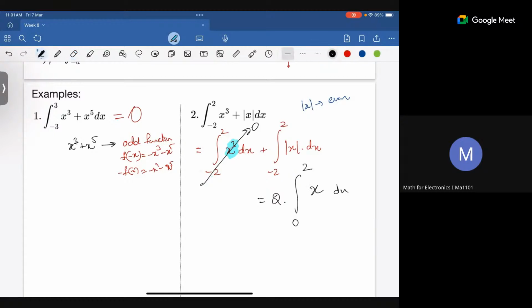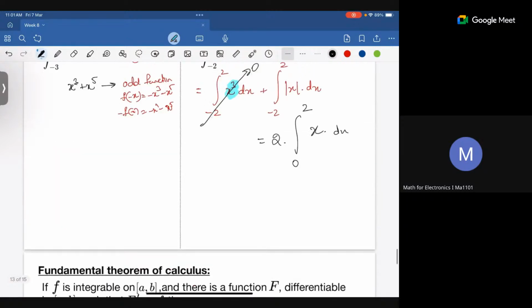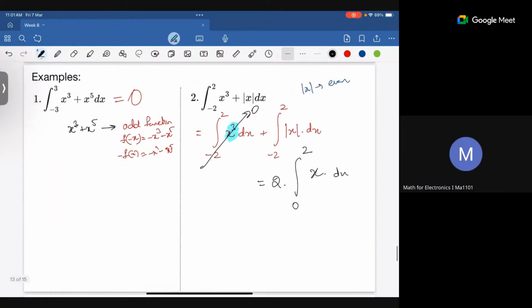The integral from 0 to 2 of x dx, I know how to do it, right? With the fundamental theorem of calculus, which we will do in the next session. But this whole expression is now down to 2 times the integral from 0 to 2 of x dx. If you see, x is a straight line, and you know how to compute this integral.